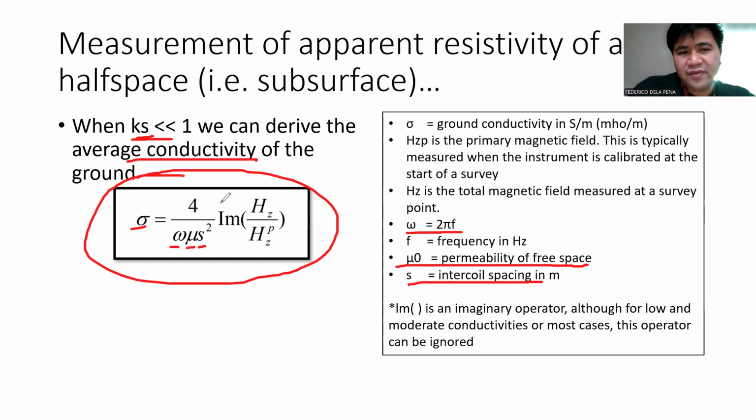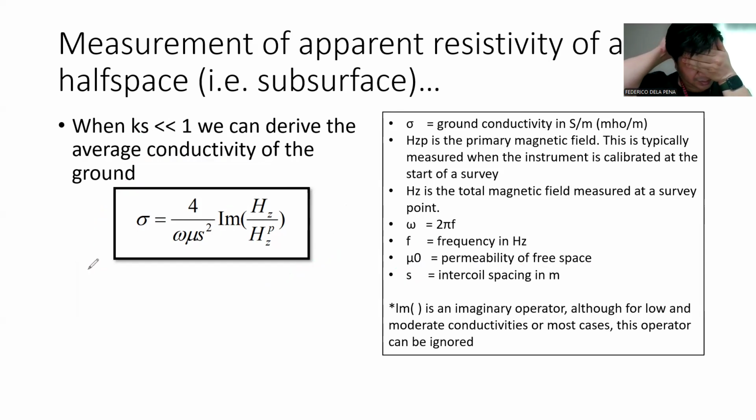Okay? You also have this imaginary number operator. Imaginary numbers are usually used for polar coordinates. Okay, so we're dealing with spherical propagation of waves.